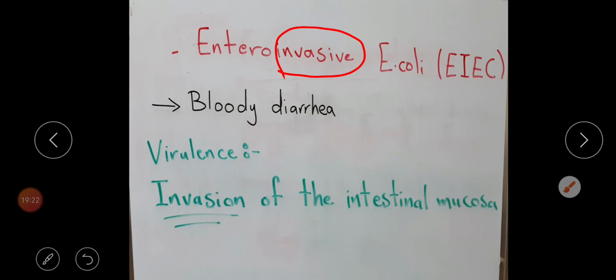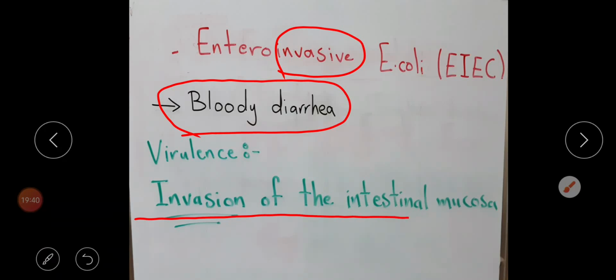Now, what will we expect from this? We will expect bloody diarrhea, bacterial dysentery, because it will invade and penetrate the intestinal mucosa, leading to bloody diarrhea. And the virulence factor is invasion of the intestinal mucosa.